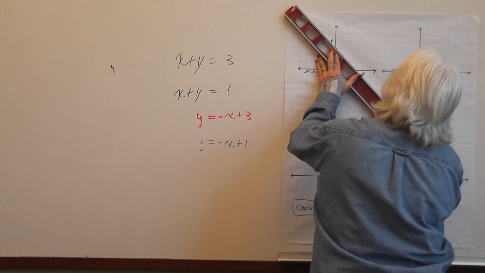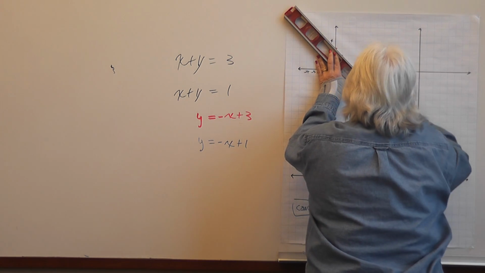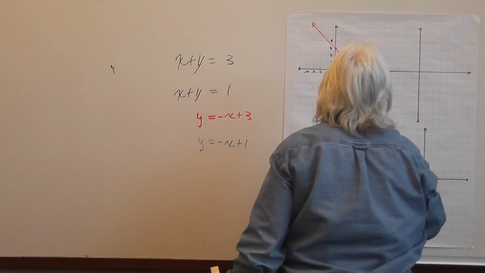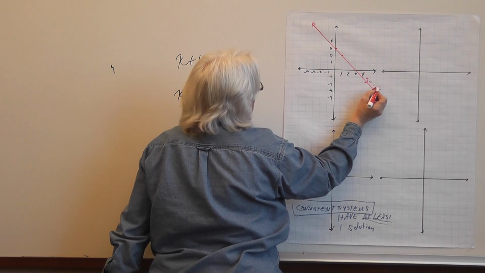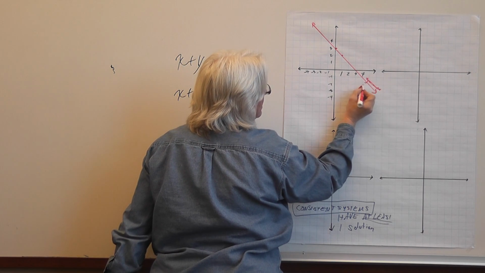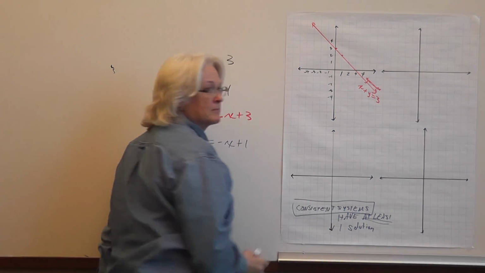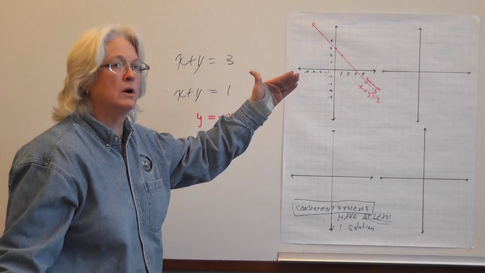This is a very nice, easy equation to graph. I'm only going to label the line itself, -x plus y is 3. Now if it has a slope of -1, it's down 1 over 1.